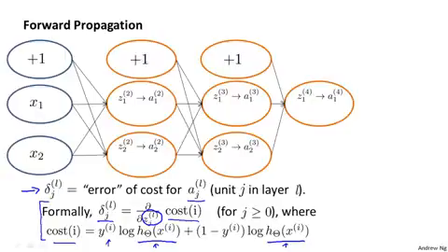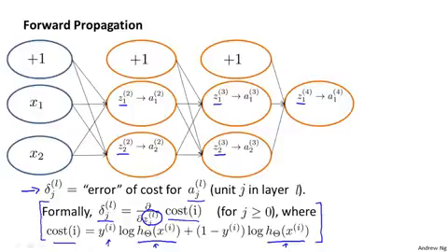And so they're a measure of how much we would like to change the neural network's weights in order to affect these intermediate values of the computation, so as to affect the final output of the neural network h of x and therefore affect the overall cost. In case this last part of the partial derivative intuition didn't make sense, don't worry about it. The rest of this we can do without really talking about partial derivatives.